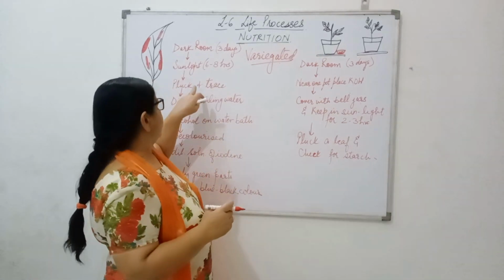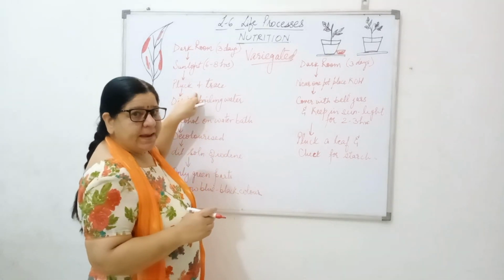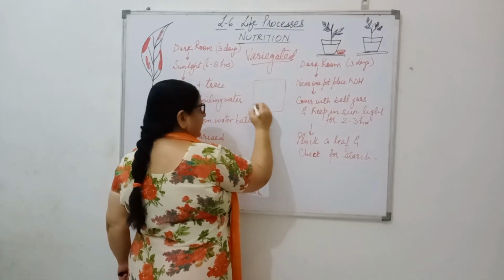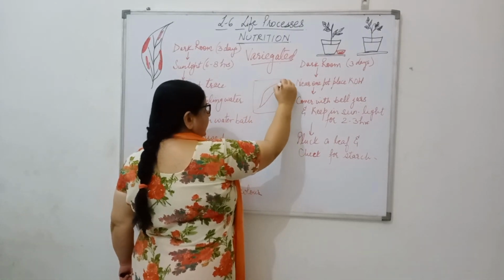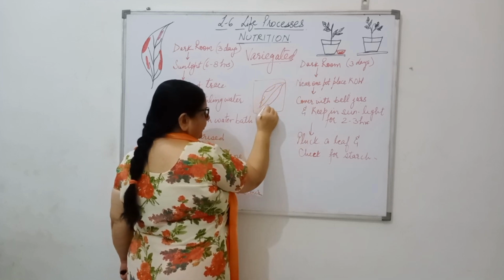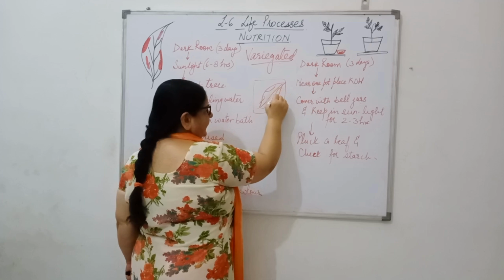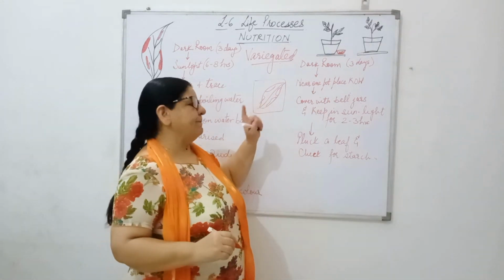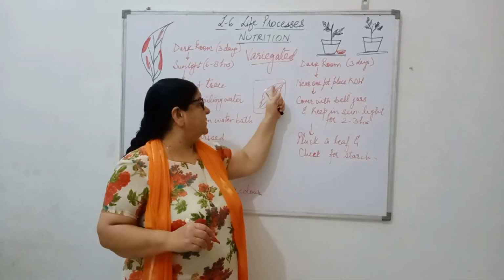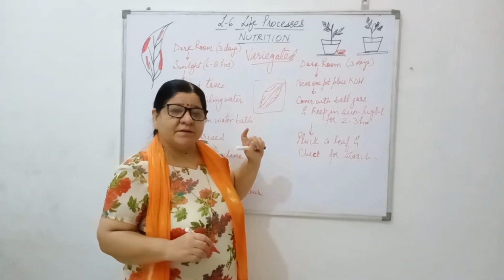So same way here, we will put a tracing paper on this. Suppose this is a tracing paper, you put it on the leaf and you draw the leaf. And wherever there are patches, you sketch them like this. So on the tracing paper now you know on which places the other color spots are present.